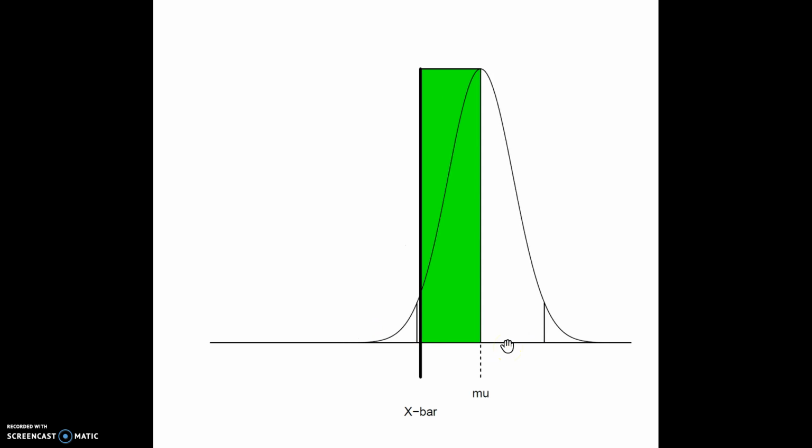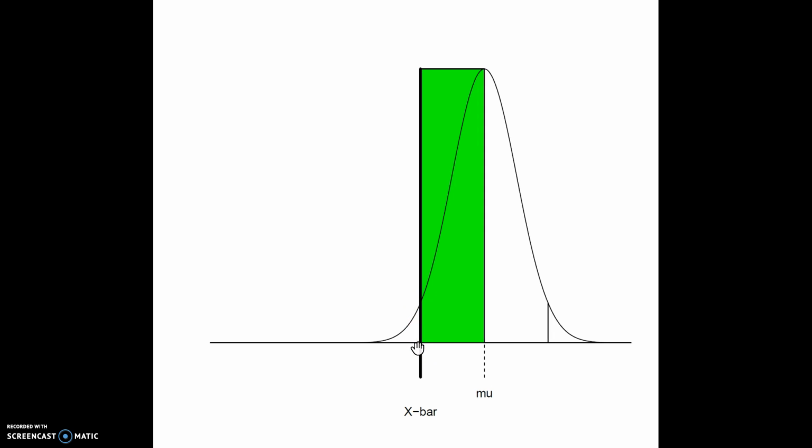A bit further to the right, and again we've included more values of mu, but I can see that the sample mean is now getting pretty close to the edge of that 95% confidence band. Here I'm at the limit, so this mu here is still giving me x bar as a likely value, but it's only just, so it's right on the limit.